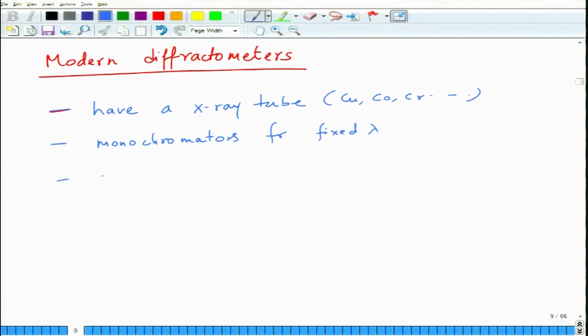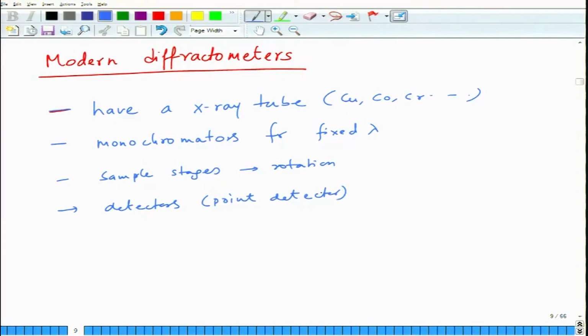Then we have sample stages where you can have possible rotation, and then you have detectors, which are basically point detectors, much better than photographic plates because they give you very high intensity of diffracted peaks, and these can also rotate.